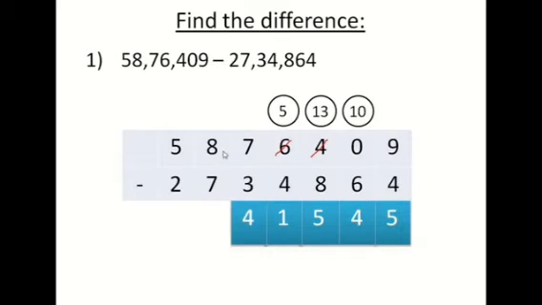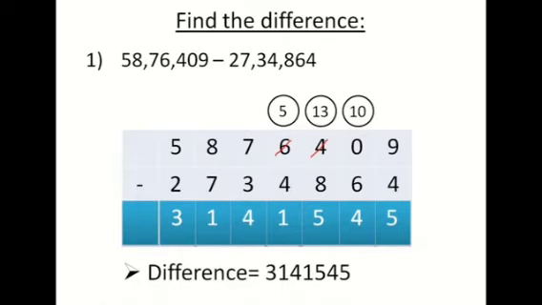It is 4. 8 minus 7, it is 1. 5 minus 2, it is 3. So the subtraction is over. You can write down the final answer. It is 3141545.